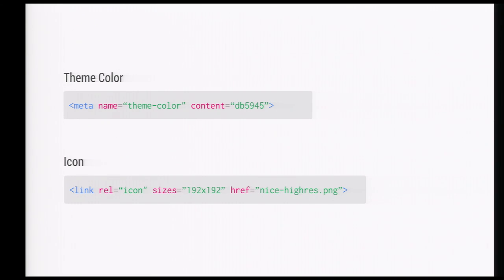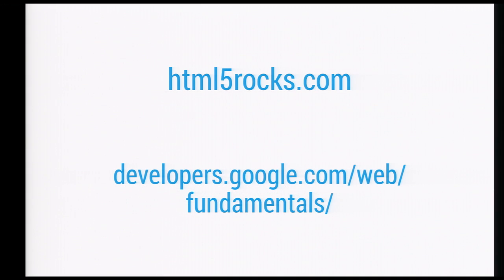Chrome will also show high-res favicons in the overview, just like native apps have. And we pick the highest res icon that you provide, and we recommend providing a 192 by 192 PNG. All right, so all the details for that are on HTML5 Rocks and the Web Fundamentals site.